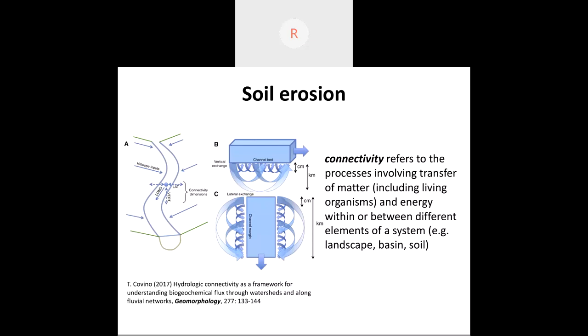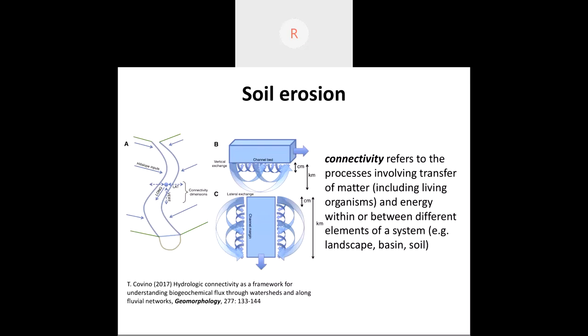That is a technology that we can apply directly on very complex systems. So we do not need, for example, to isolate organic matter from soils. We do not need to isolate the inorganic part from soils. We can monitor the soil as a whole. That is very important. One of the parameters that is used to monitor soil erosion is what you see in this slide, the connectivity.